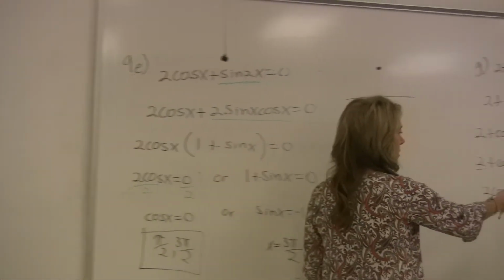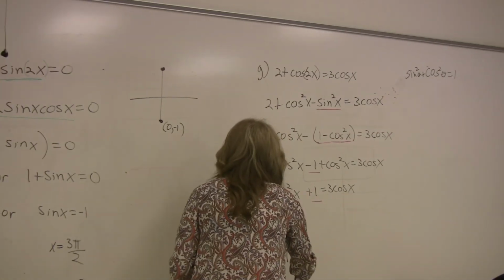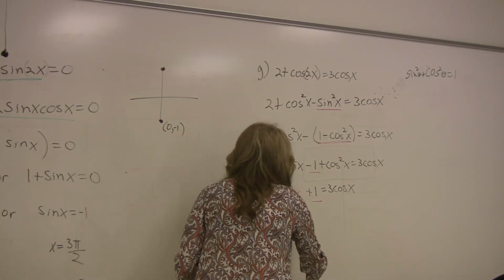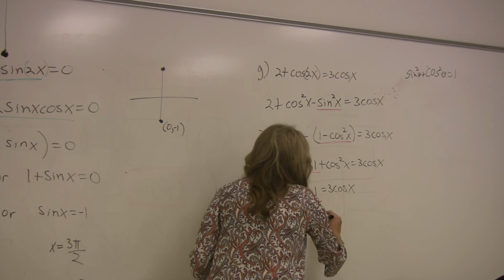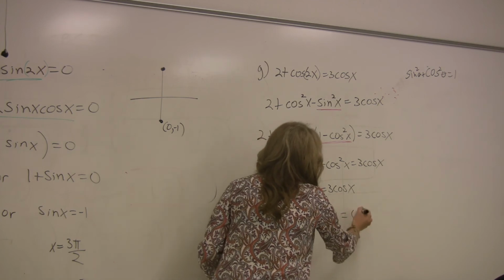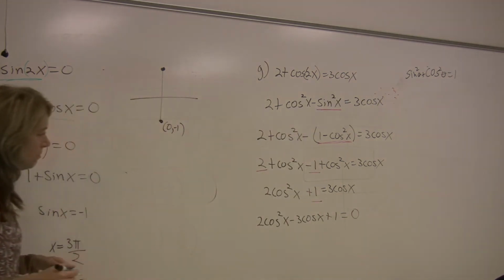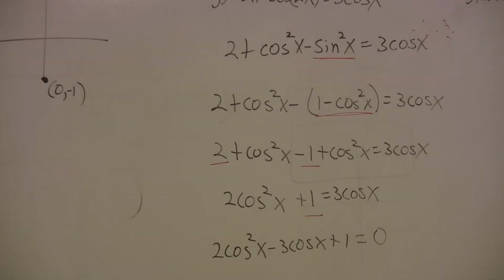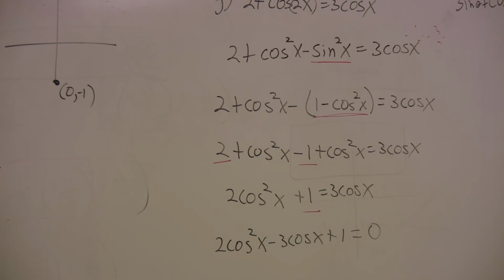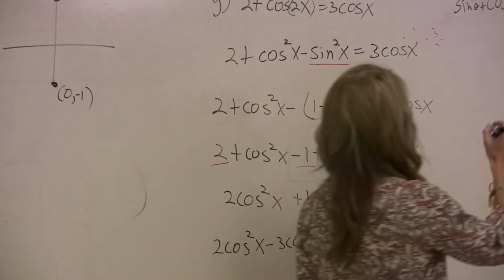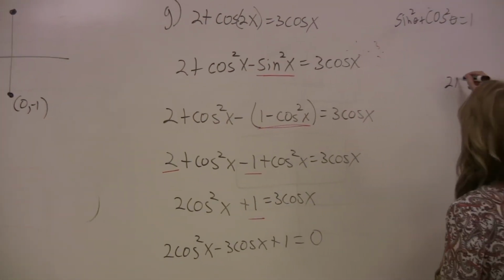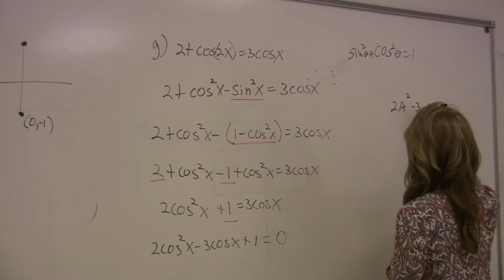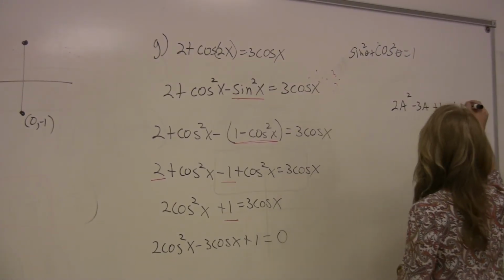So I'm going to subtract this 3 cosine x from both sides. And I'm going to put it in the middle to put these in decreasing order. Agree that's the same equation? A lot of people don't recognize this as a quadratic, but imagine if I asked you to solve 2a squared minus 3a plus 1 equals 0.